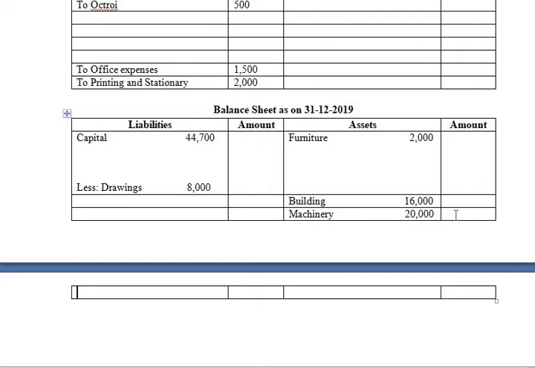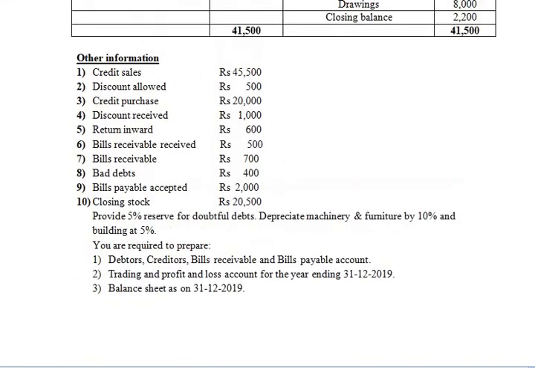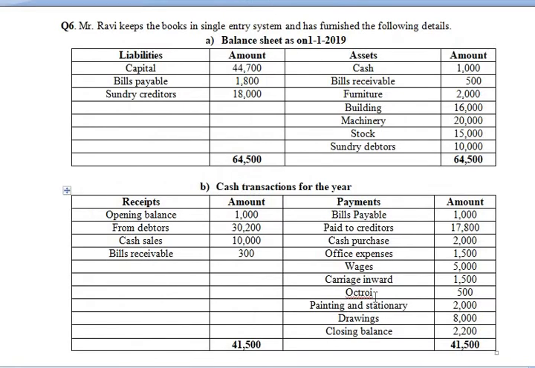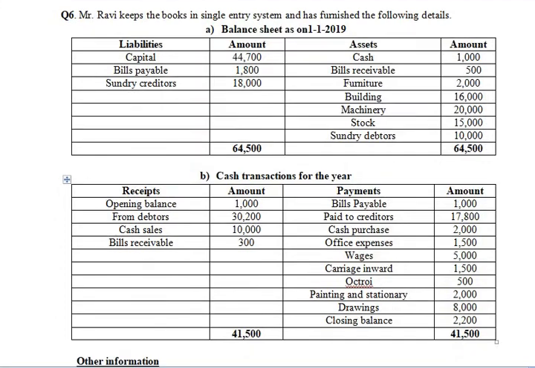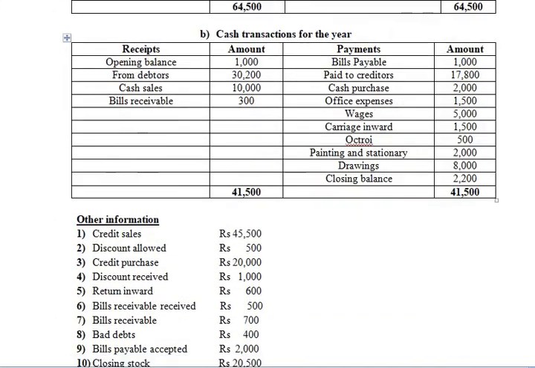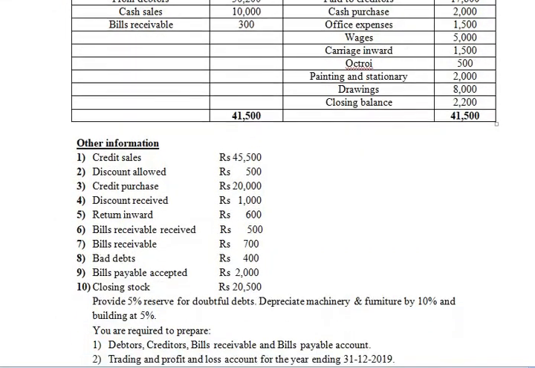After plant and machinery and so on, here we have cash, and what is the amount? 2200. Next, after cash, that is closing balance of cash, nothing more. All the transactions in case of balance sheet and trading and cash account are being taken.